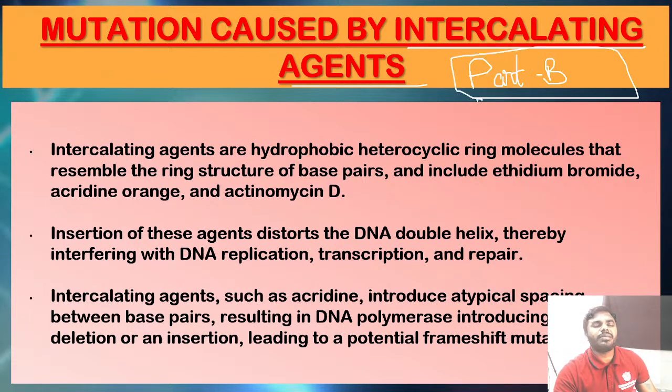The question is very simple: all of the following are intercalating agents except. And they have also asked once, which of the following agents can cause frameshift mutation? Once they asked which of the following agents can cause frameshift mutation, and the second time they asked all of the following are intercalating agents except. These are the two questions they have asked.